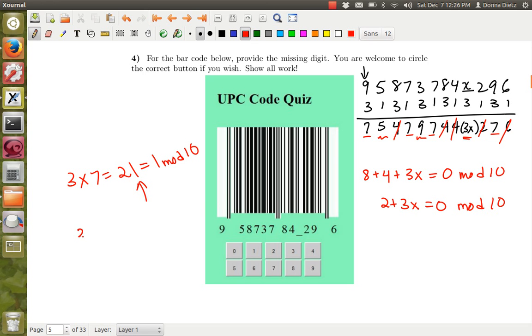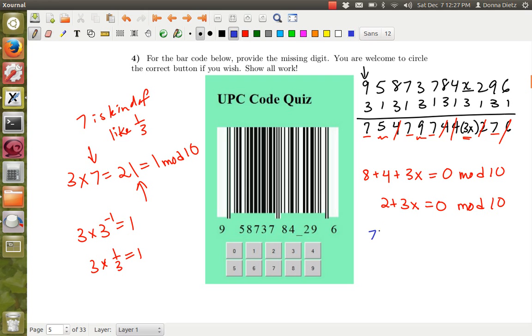So the way we do this outside of mod 10, we would do 3 times 1/3 equals 1. So 7 in mod 10 is the multiplicative inverse, the way 1/3 is the multiplicative inverse in our normal world.